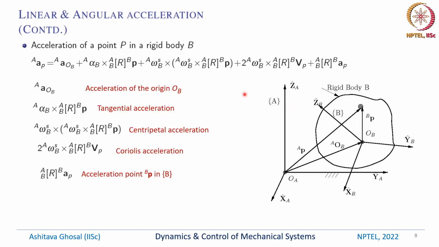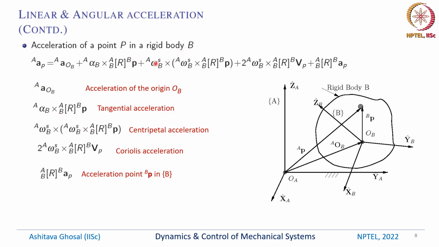Just to recapitulate, we have this expression for the acceleration of the point P with respect to the A coordinate system. It is given by the acceleration of the origin OB, which is AOB, this term. Then we have this term, the tangential acceleration, determined by the rate of change of the angular velocity into some distance.